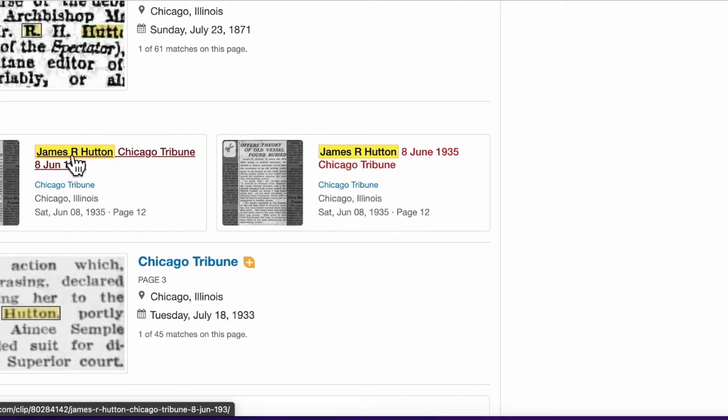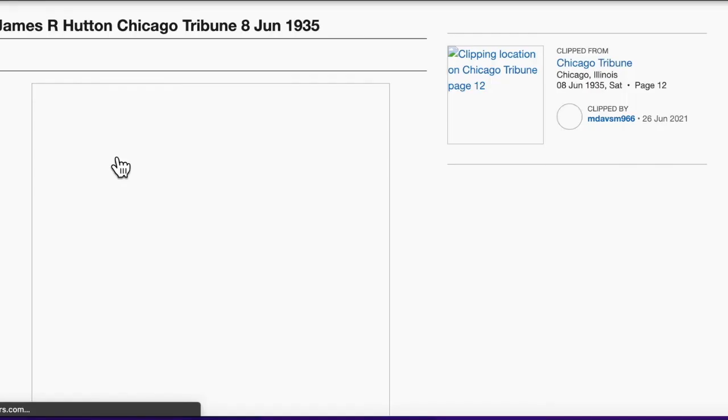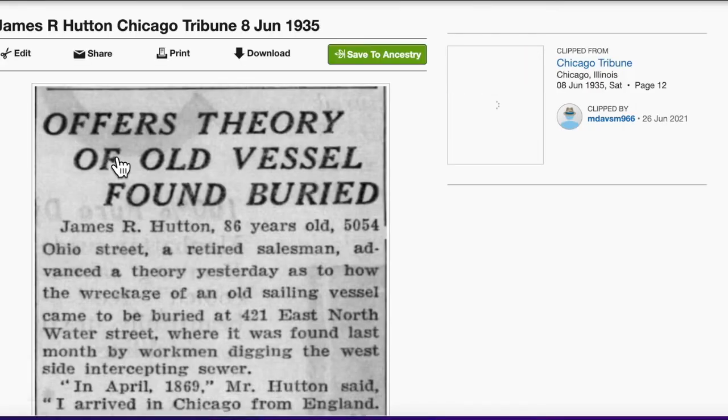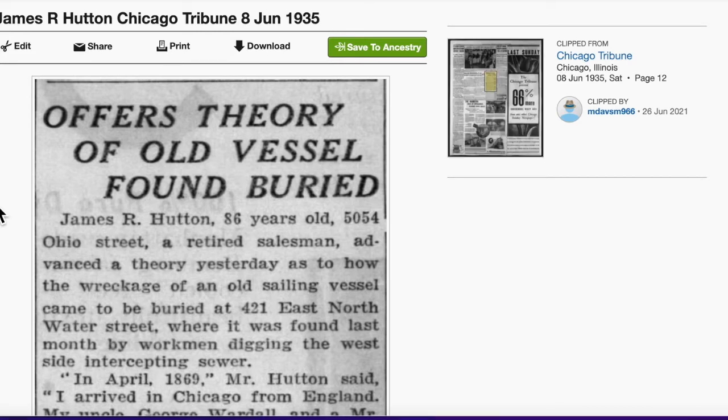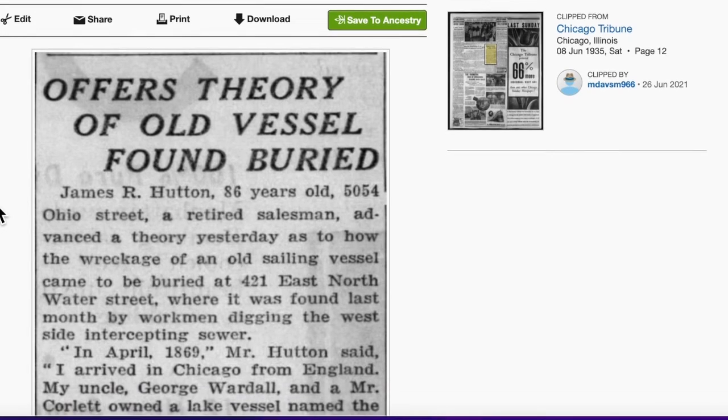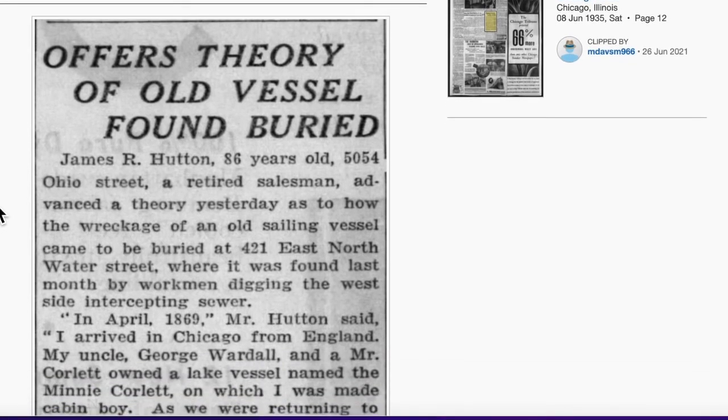So again, I already found the clipping. As you can see, it's on my account. All I have to do is click, and the newspaper clipping pops up. This is a really cool newspaper article. The person that was researching Mr. James R. Hutton had no idea that his ancestor experienced something like this.